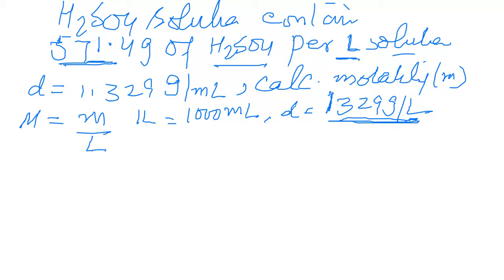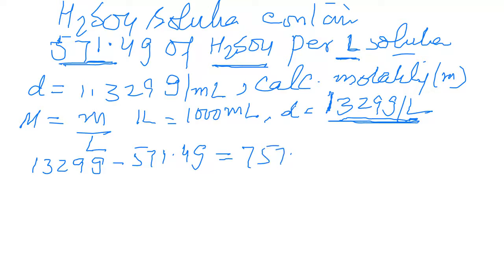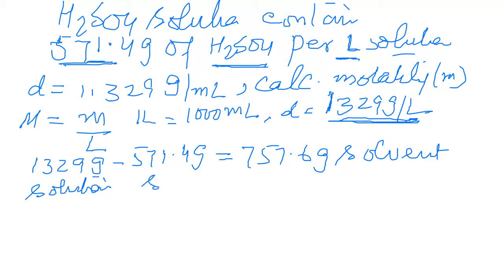And for H2SO4, how much is solute? This is solute. So you just subtract 1329 gram minus 571.4 gram of the solute. Then you will get 757.6 gram of the solvent, right? Solvent is left. This is solution, this is solute, and this is solvent, you get it.